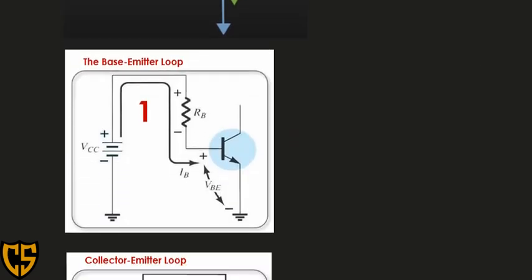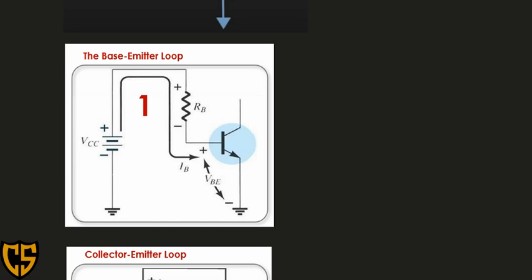So let's start the calculations, the formula and the circuit analysis of the transistor circuit. The arrow represents the direction we take.